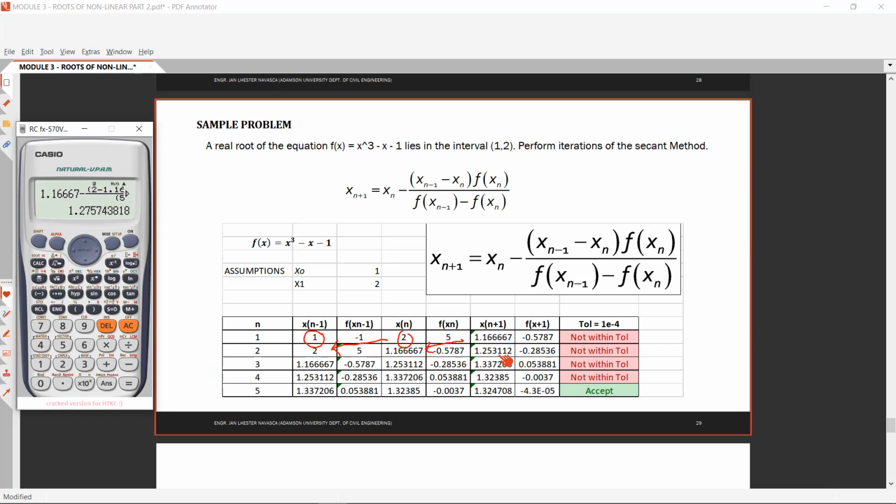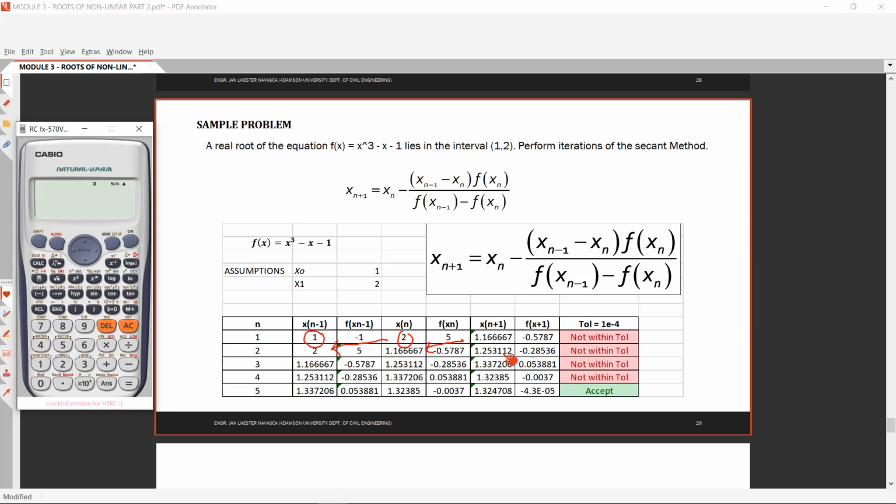Okay. Then again, solve for the f of x sub n plus 1. You will arrive for negative 0.28536. Okay. Then solve again for the equation. Kung acceptance, within accepting tolerance na ba siya? Okay. So, hindi pa. Okay.